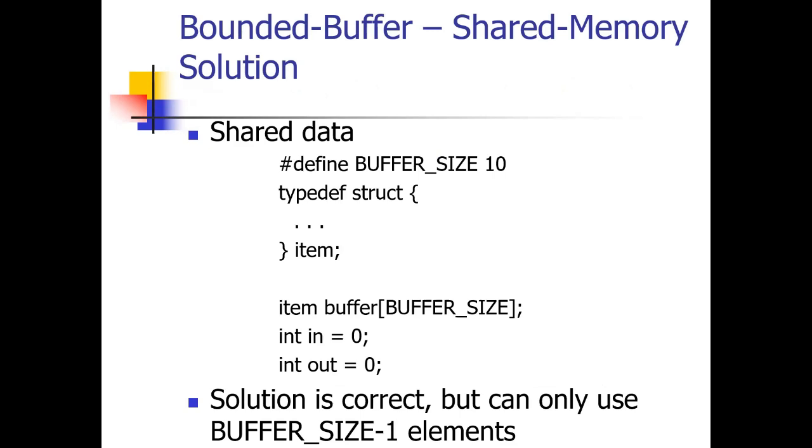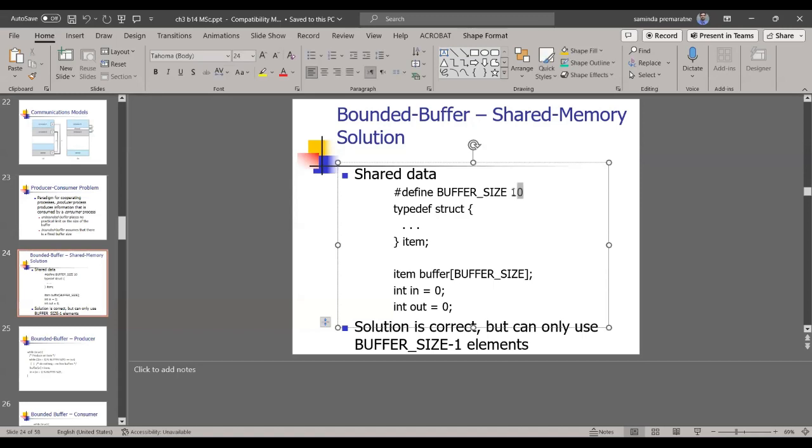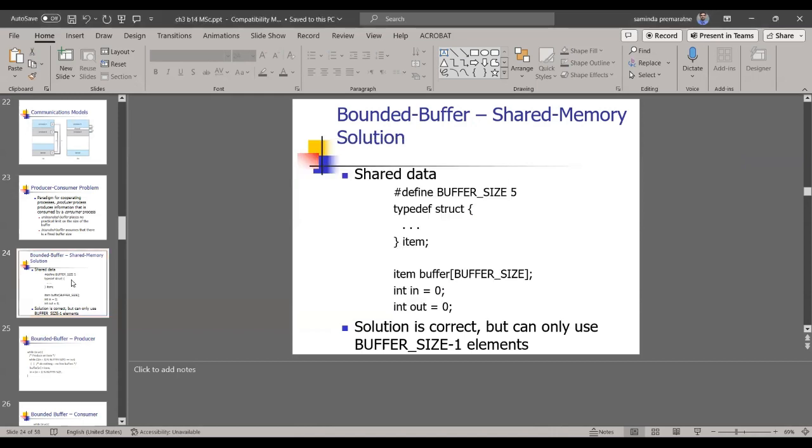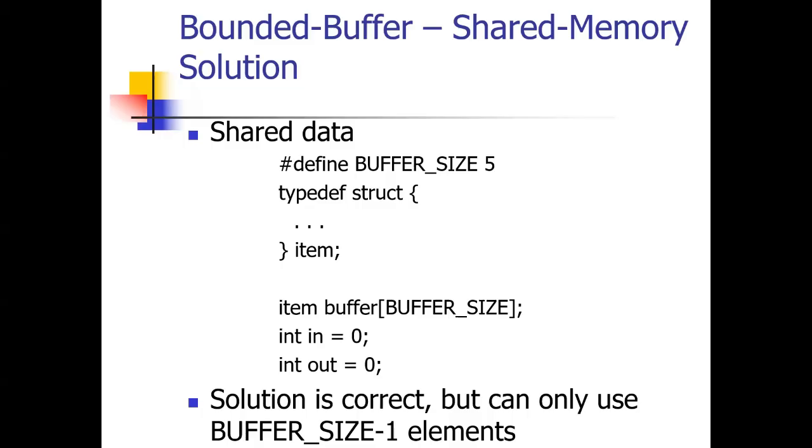Consider this buffer as an array. Now we have allocated the buffer size. Let's make it 5, so it would be easier to demonstrate. Buffer size is 5.